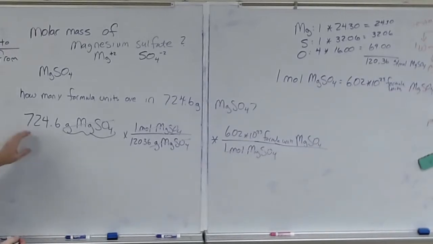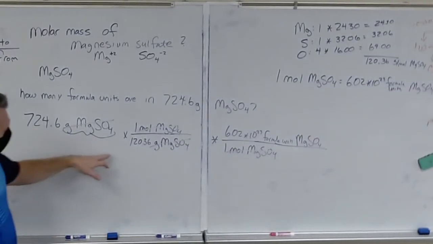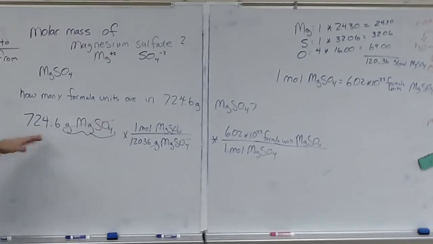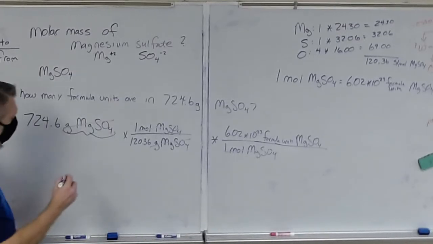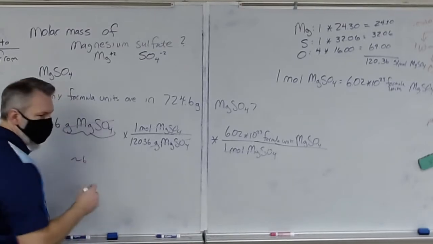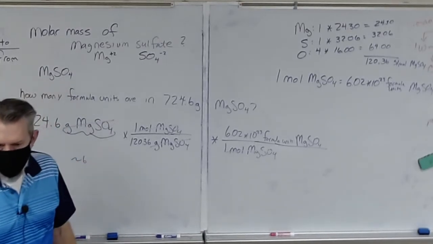So this is 724 and this is 120. So I could round this to maybe something like 720. 720 divided by 120 is about 6. So about 6. And 6 times 6 is 36.